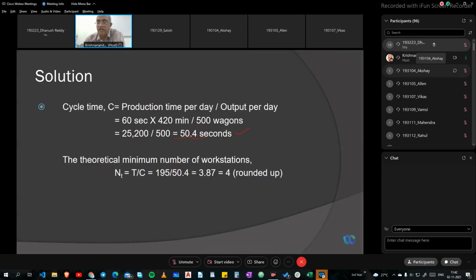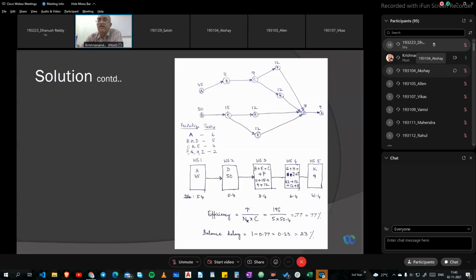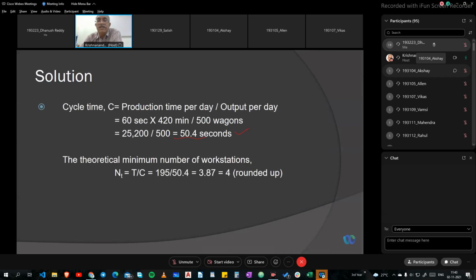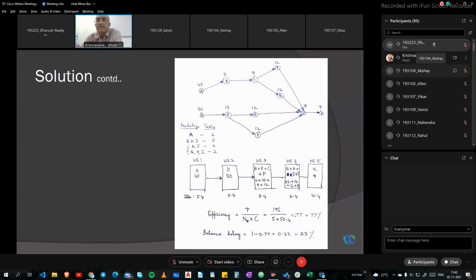You have converted this table to a network representation, so that you will know how the technological precedence is happening. For example, you can't allocate activity C in the first workstation because you can't start C unless A and B are completed. So that's how to prioritize allocating tasks to each workstation; this gives a bird's eye view.